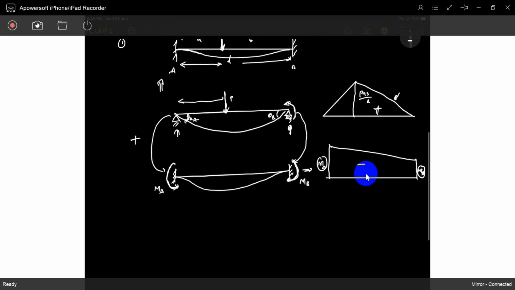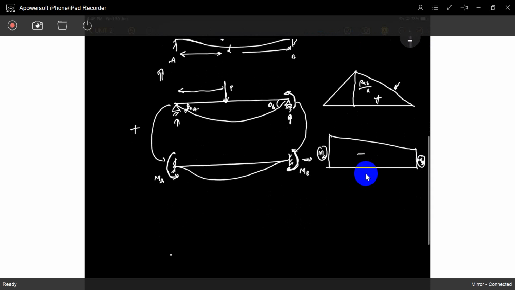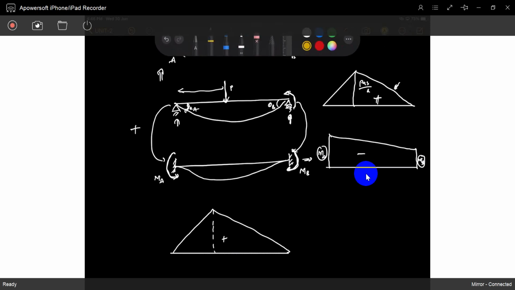So if you combine and draw a bending moment diagram, you can draw it like this. So this is positive. This is negative.